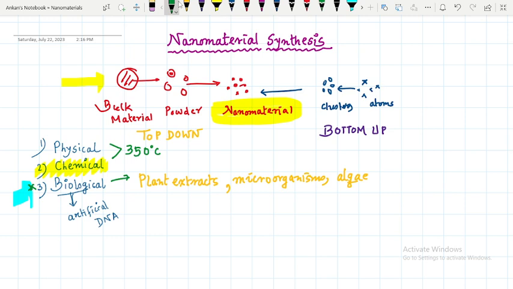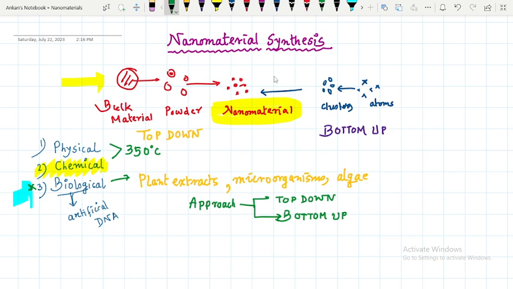Okay, let us move on to our step-by-step discussion of nanomaterial synthesis. So I have classified the methods or basic approach in two sections: top down and bottom up.